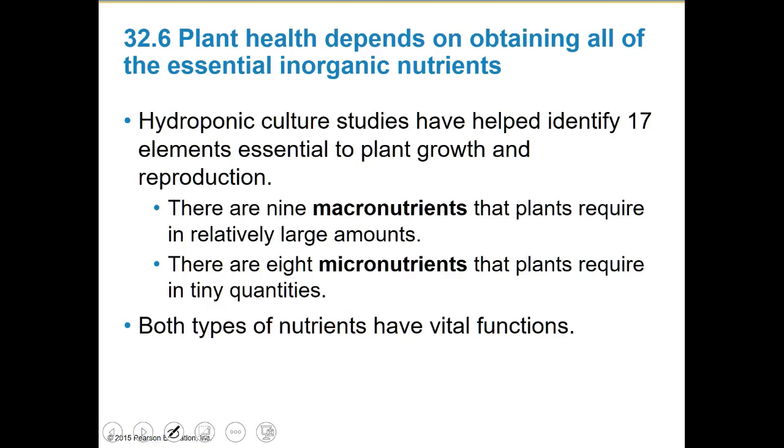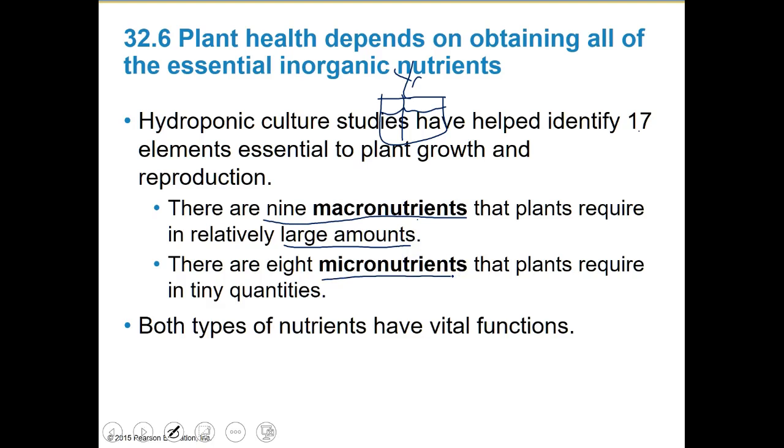So we've got some hydroponic studies, which just means that you grow a plant in a sort of bubbly tube of water. That's hydroponics. And they've studied to identify 17 elements essential to plant growth. We've got 9 macronutrients, or big nutrients, that plants require in large amounts, and then 8 micronutrients that they require in just little amounts.